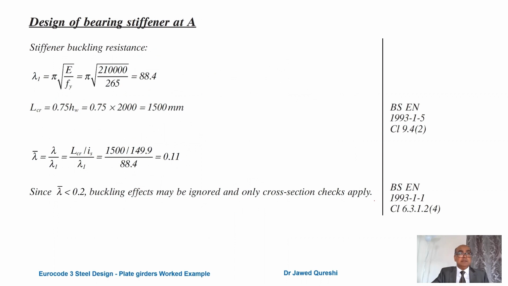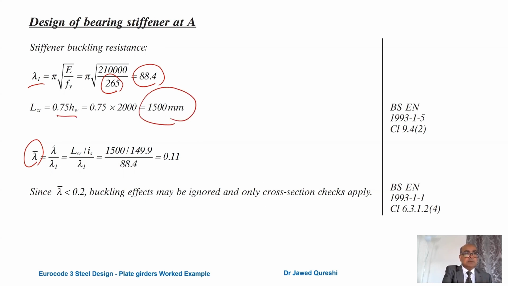Then we check if buckling resistance check is required or not. For that, we will work out the lambda dash. Lambda dash is equal to lambda over lambda 1. So lambda 1 is equal to this value, pi under root 210,000 divided by 265, we get 88.4. This is lambda 1. LCR is equal to 0.75 HW. So we get this value of LCR. So lambda is equal to LCR over IS.